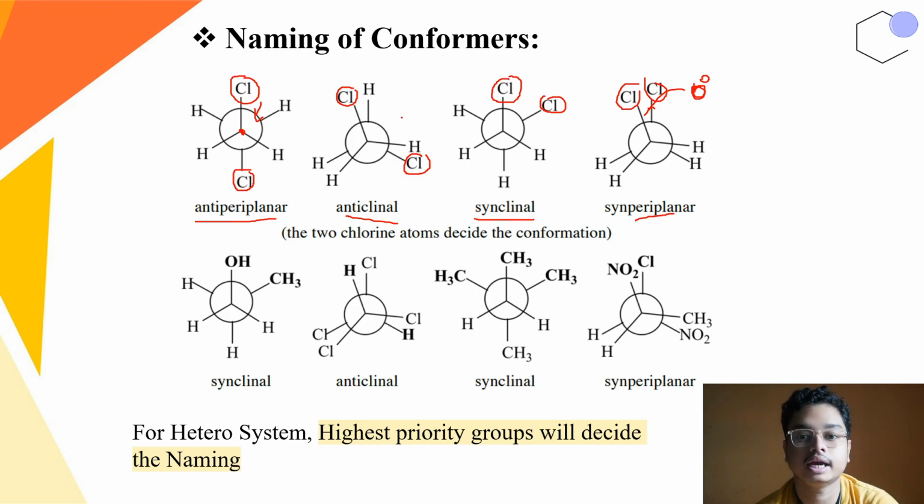But if a heteroatom is present, like here, this carbon center has OH with the highest priority over the hydrogens. Similarly, in the back carbon, CH3 gets the highest priority over the other two. So we have to check the relative position between these two groups. Here these two are at a 60 degree torsion angle, so it is called synclinal.